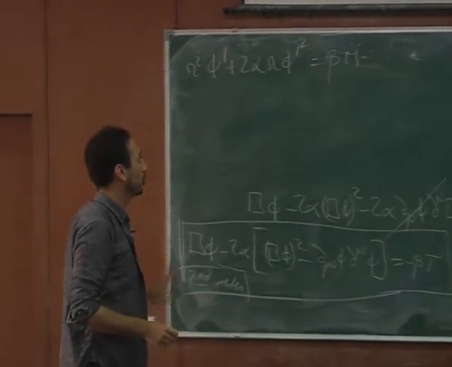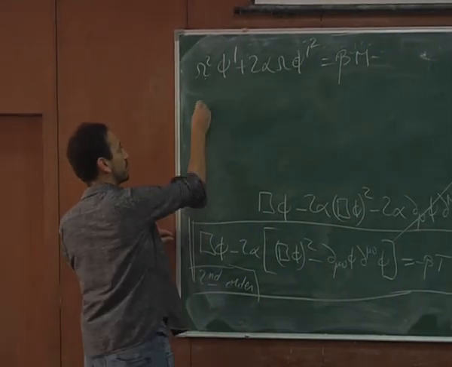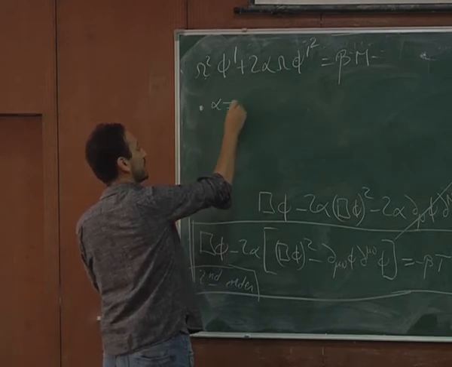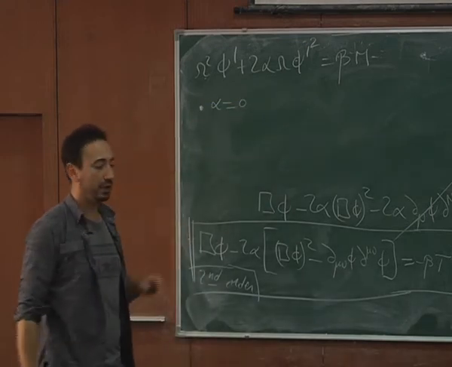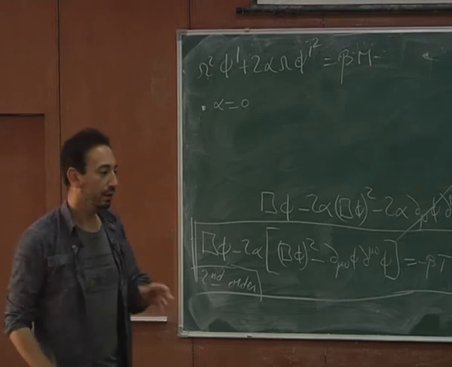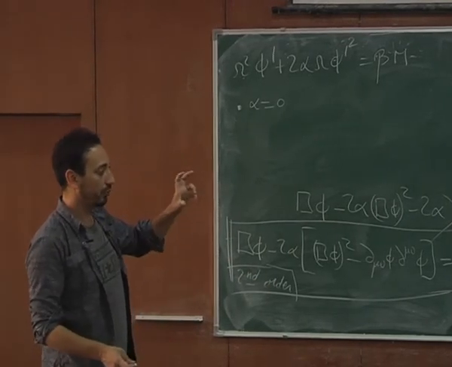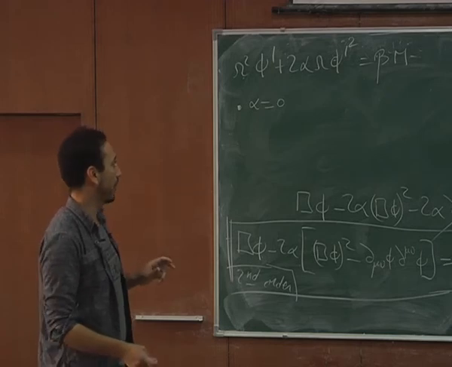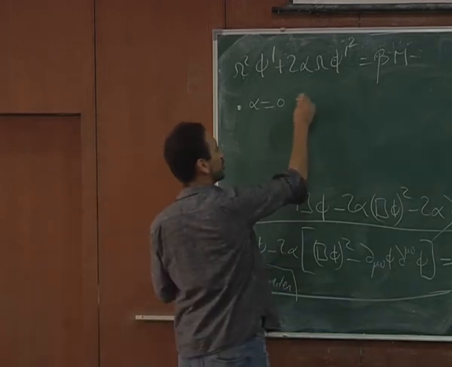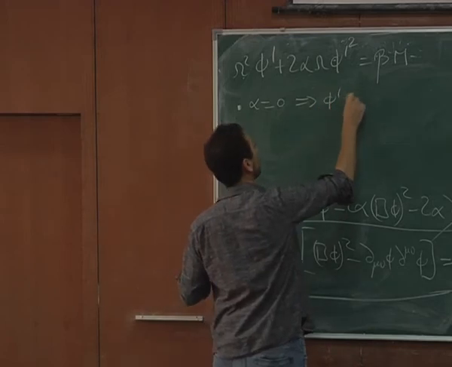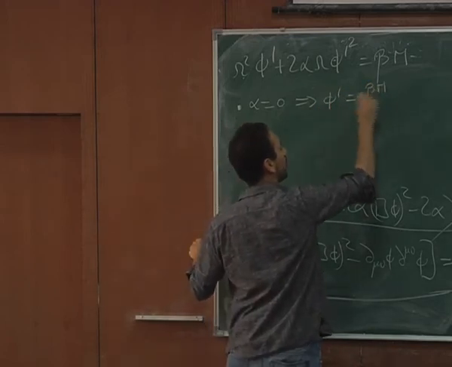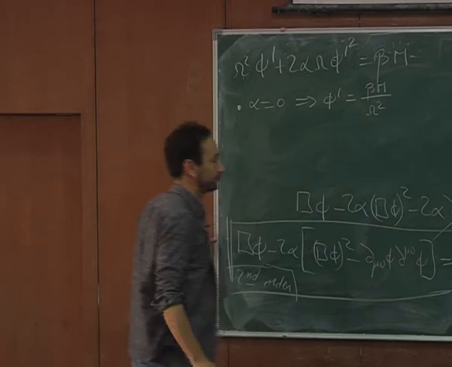So let's look at different situations. First of all, let me see if I didn't have these nonlinear terms. So I kill all the nonlinear terms. I keep only the kinetic term. Then the solution is trivial, that phi prime is equal to beta m over r squared.